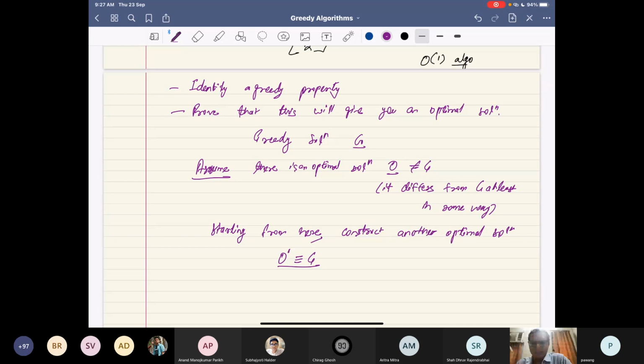Let me make some modifications so that it still remains optimal, and while doing that, you take it to the same solution as greedy. Only make modifications that will not change its optimality. Its optimality should continue to hold, and then you have found another optimal solution O prime that is the same as my greedy solution. This is one of the nice ways of proving optimality for a greedy solution.